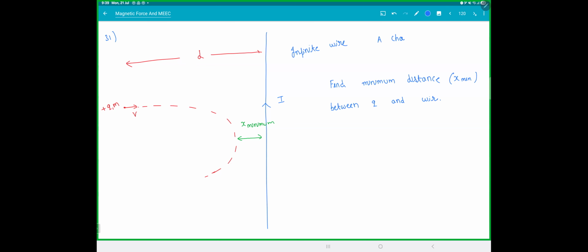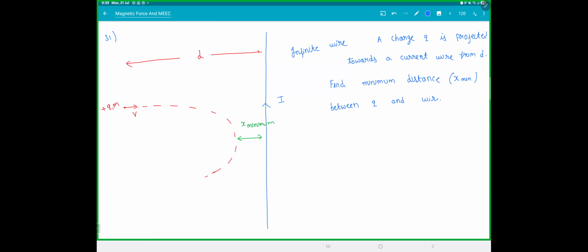So charge Q is projected towards an infinite wire from distance d.